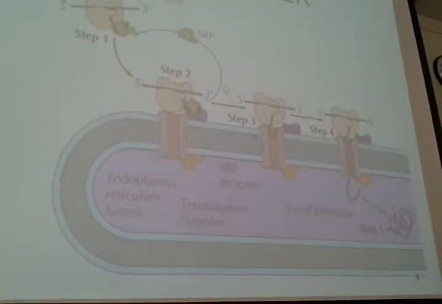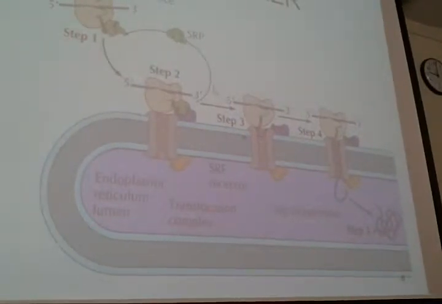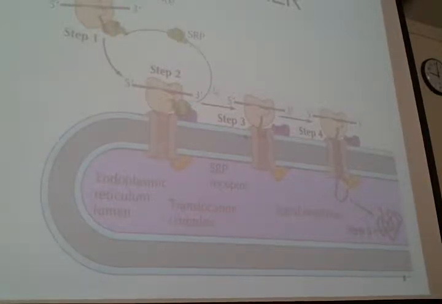Okay, so the first step that we saw was that we have to get those three categories of protein to the rough ER. And we saw that to do that, we needed a signal. That signal was the first 16 to 20 amino acids. If that whole stretch is hydrophobic, that is the signal sequence to get that protein to the rough ER.